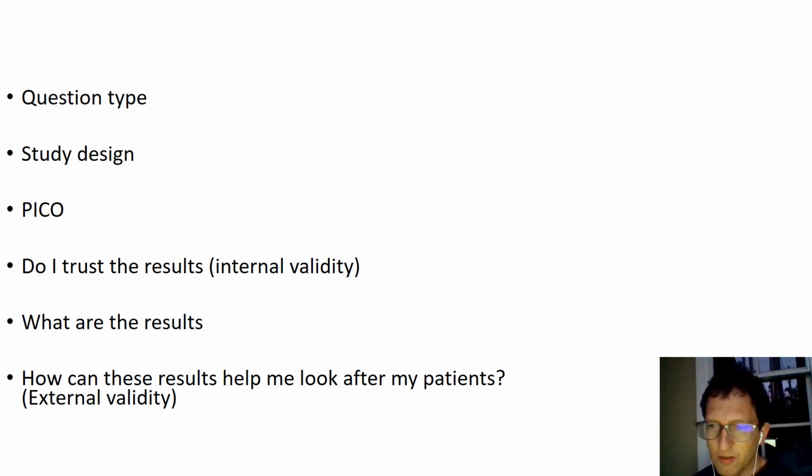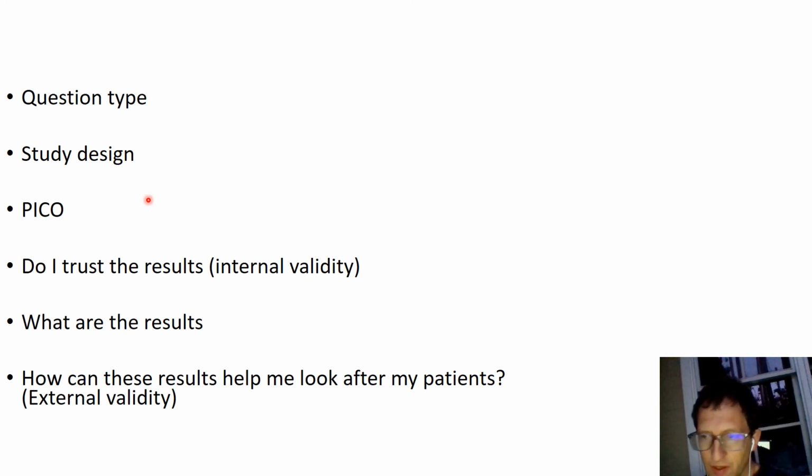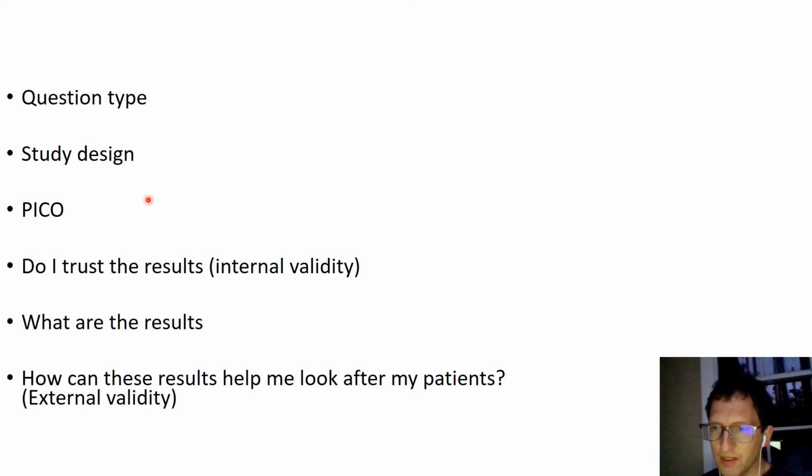In these 3 YouTube clips, we've gone through the process of identifying the question type and study design of the paper, thinking back to Jack or James and comparing whether the appropriateness is for answering his question type and the study design that I know would best answer Jack's question.